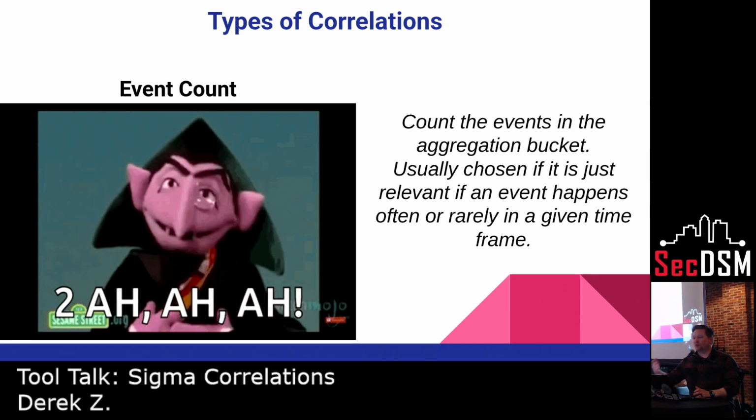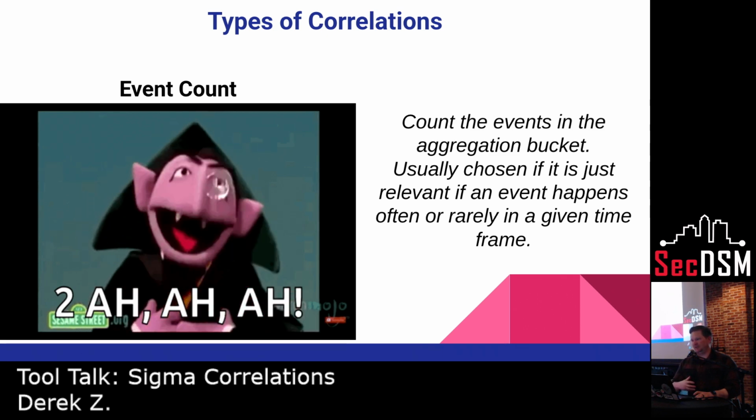With the general rule, you would only capture all of those events without any type of aggregation. With the event count correlation, you can now give it some criteria. For example, you're looking for 10 or more failed logons in a 5-minute bucket. That's something you can do with this type of correlation.